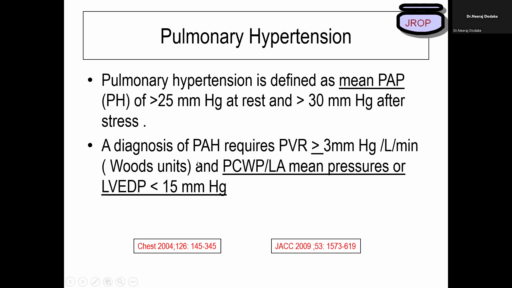And this requires pulmonary vascular resistance more than 3 millimeters of mercury per liter per minute, that's Wood units, and pulmonary capillary wedge pressure or LA mean pressure or LVEDP less than 15 millimeters of mercury. So what do we have? We have two parts. One part is mean pulmonary artery pressure. The second part is pulmonary vascular resistance with left ventricular end diastolic pressure of less than 15 millimeters of mercury.